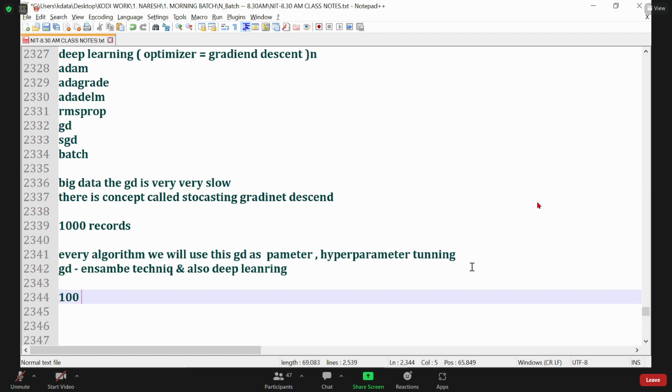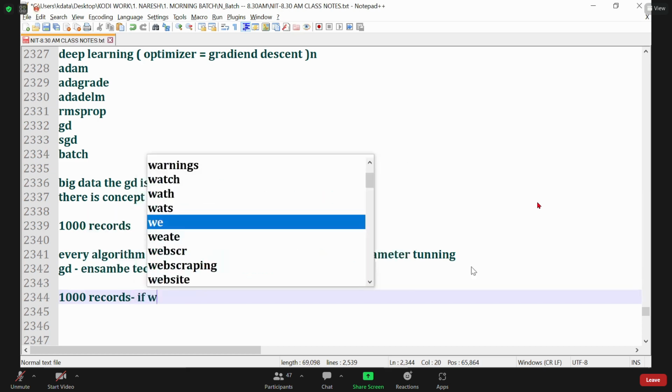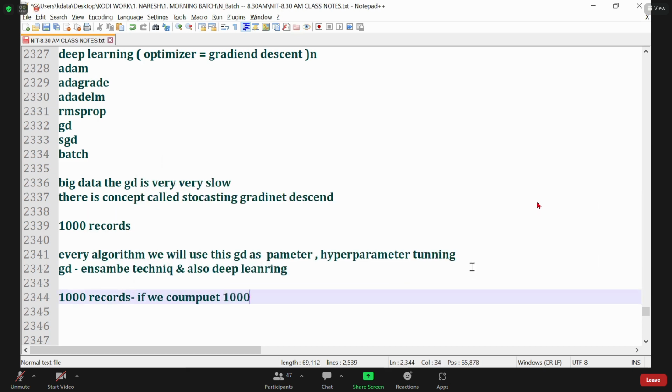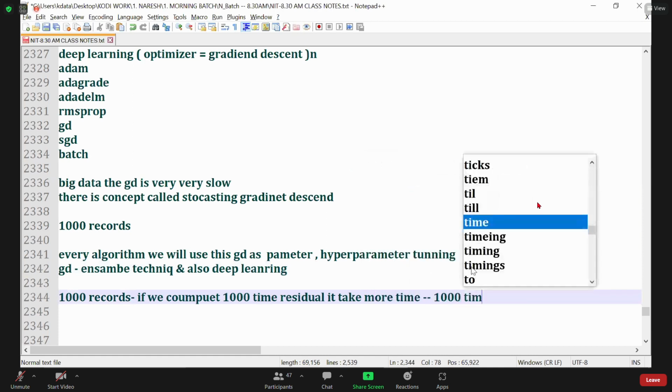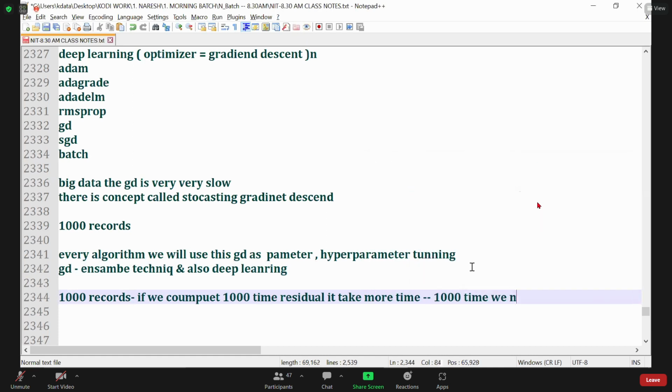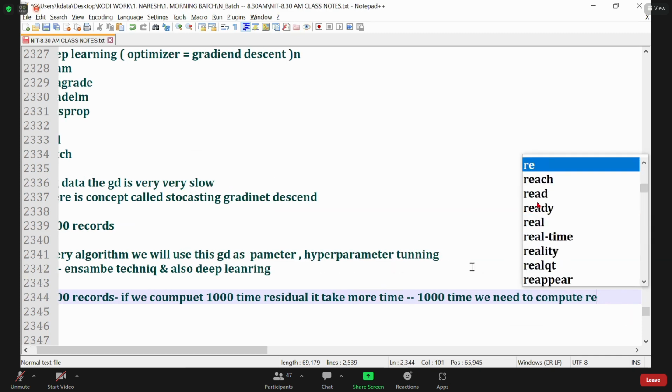Now, if you have 1,000 records and we compute the residual 1,000 times, does it take more time or less time? It takes more time, because 1,000 times we need to compute residuals, which is not practical.